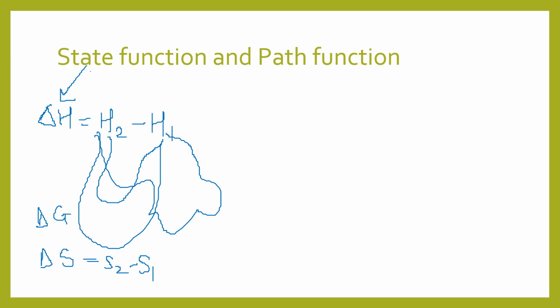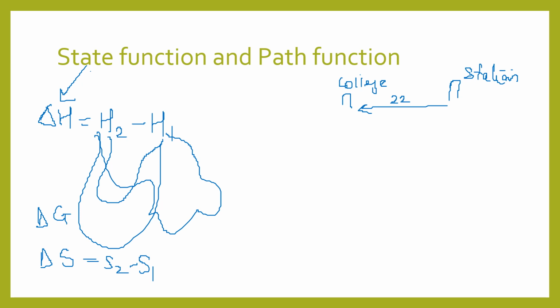So what is path function? I'll give you an example. Suppose from the station, Charni Road station, this is my college. Okay, so from station to college, suppose the minimum fare of the taxi is 22 rupees.